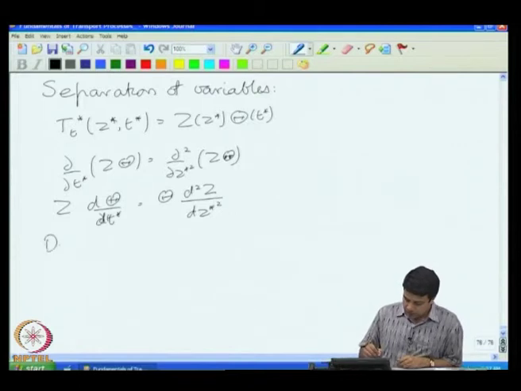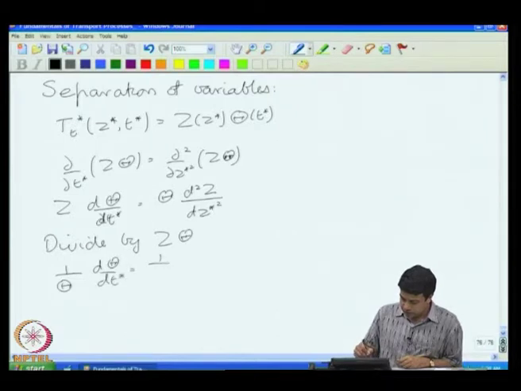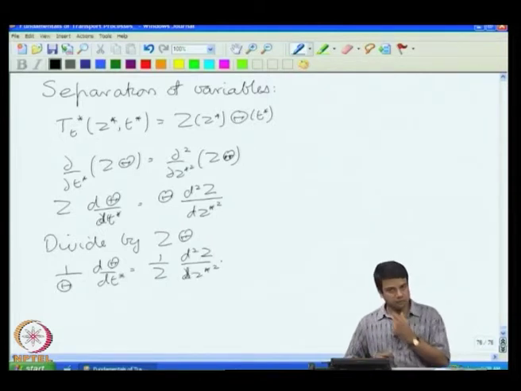I divide throughout by z times theta, to get 1 over theta d theta by dt is equal to 1 over z d square z by dz star square.